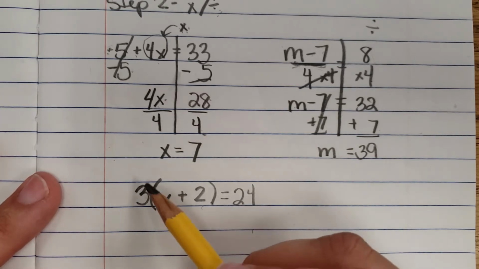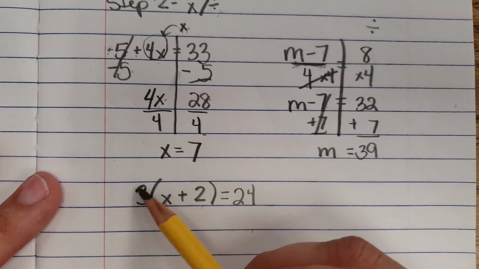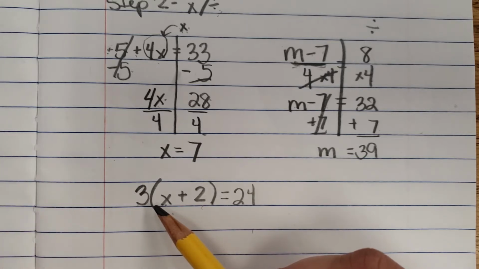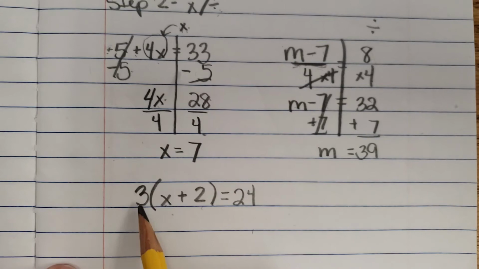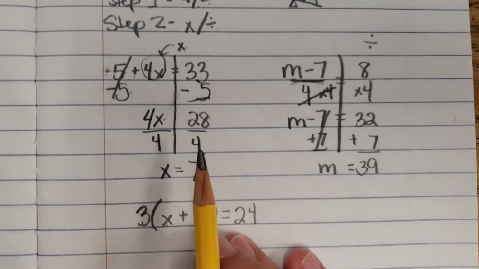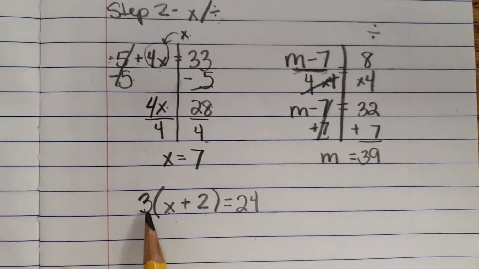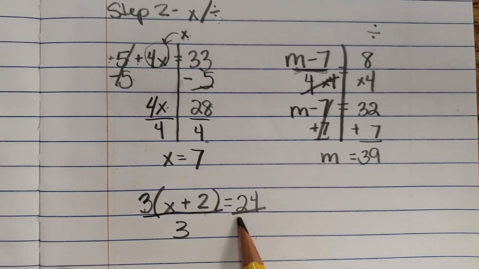The simpler way to me is, remember, when we have a number and a letter right next to each other, it's combined by multiplication, right? There's nothing in between showing us what it's combined by, so it's got to be multiplication. So in order to get rid of this, the opposite of multiplication is division. So we're going to divide this whole thing by 3. And divide this by 3.